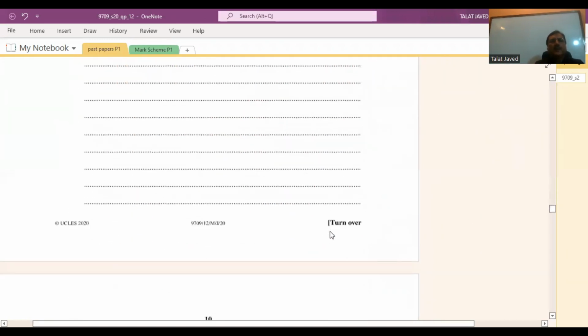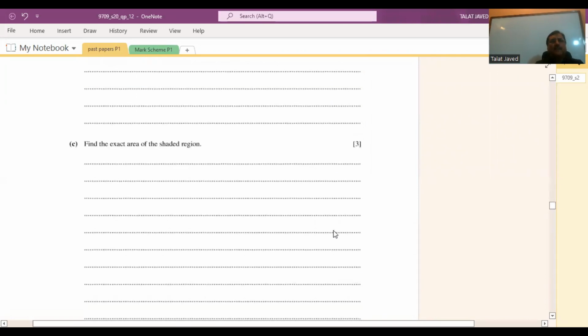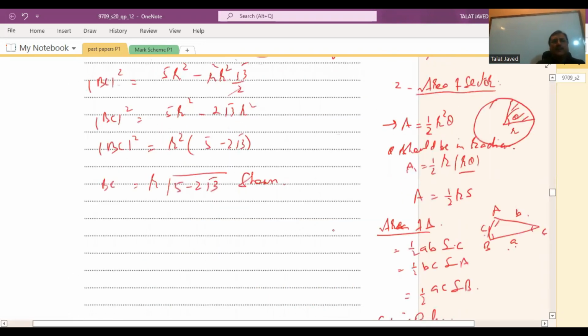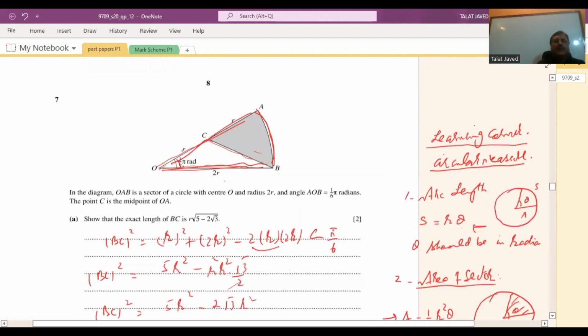Now we have to find part C, the area of the shaded region. To find it, we have to find the area of this sector and subtract the area of this triangle.